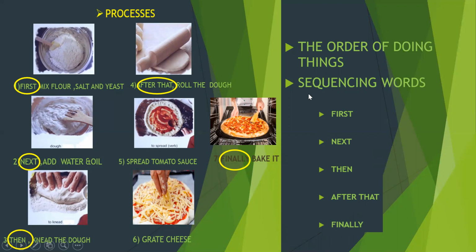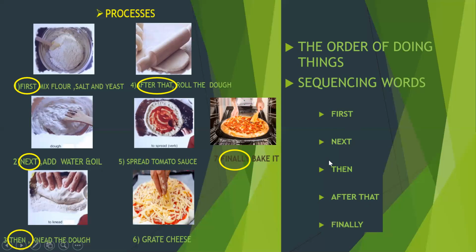While you are giving instructions, this is how we start. And when we end instructions or at the end of what you are saying, you can end your sentences with this word, finally. So first is the first to say, finally is the last to say.